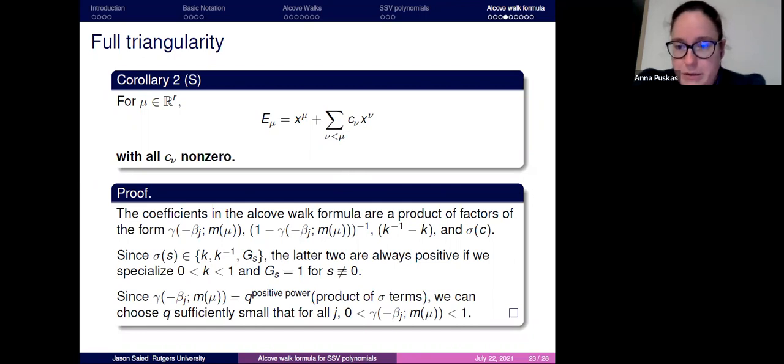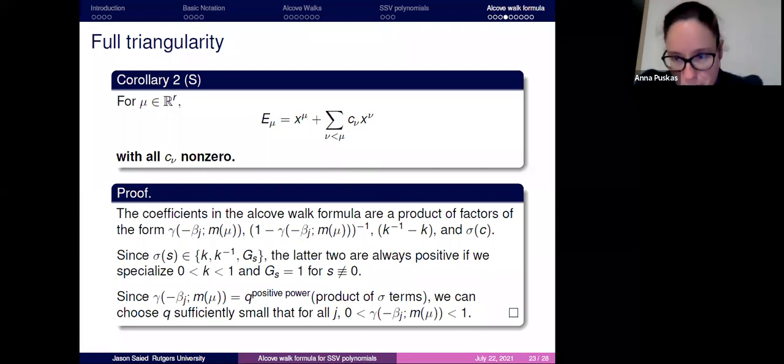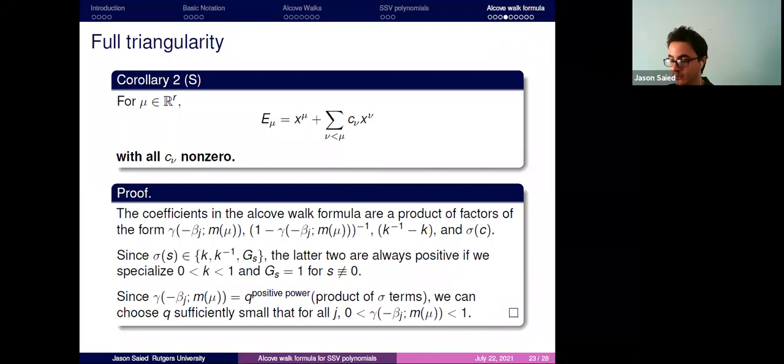Like they might still be zero for some values of the parameters. Yes, absolutely. For example, many of them will vanish if you set K equal to 1. I see. That makes sense. So what you're saying is that there is a choice so that they are all positive at the same time. Right. Great, thank you. No problem. Thanks for helping me clarify.